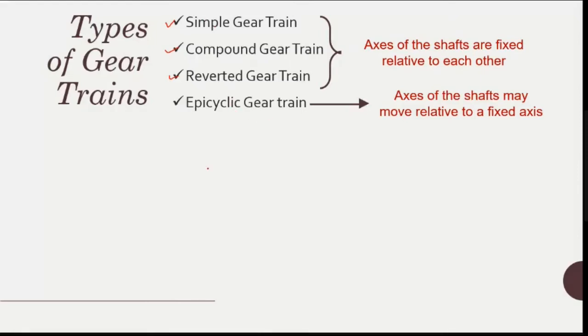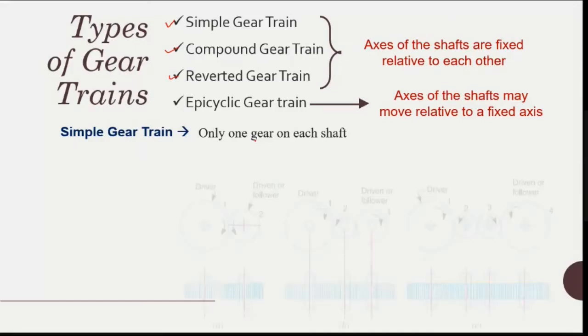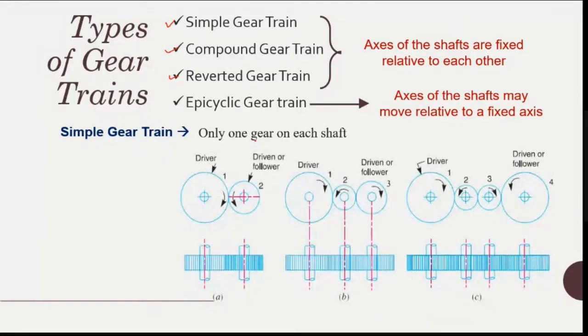Whenever I say it's a simple gear train, it means that one shaft will have one gear. Whenever I consider any shaft, if that shaft has only one gear, then I can say it is a simple gear train. These are some examples you can see here.